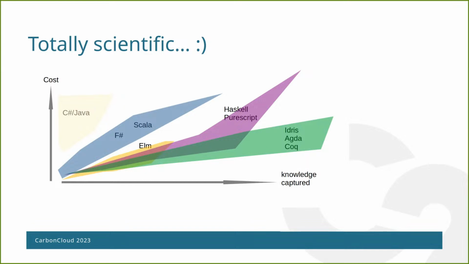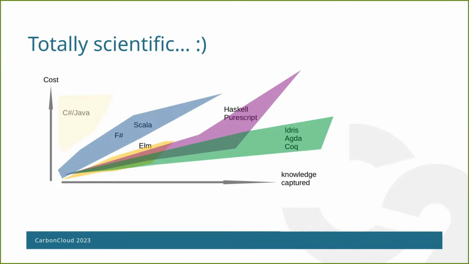If you go to the right, the strength of the types increases, but if you go up, the cost of doing those things increases as well. And I think this is the reason why I like Haskell and Elm, and of course Idris, and more niche languages like Agda and Coq as well, that can really express a lot without the cost going through the roof.